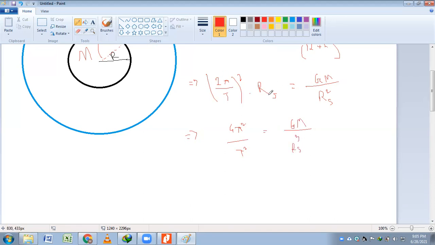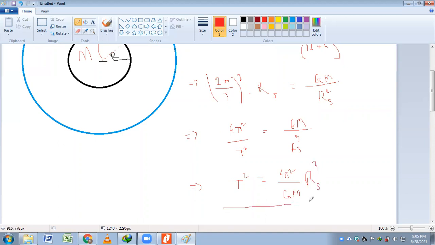I'm dividing both sides with Rs, so this goes on the denominator side on the right side. So that's the expression. And now I can invert the equation and write it in this format: T square equals 4 pi square divided by GM, into the orbital radius of the satellite cubed.